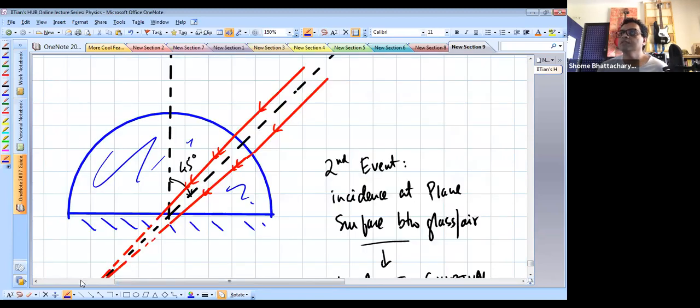So now I have a situation like this where I can see that this TIR will result in this kind of thing. This ray deviates and goes like this. This ray goes like this. Okay.